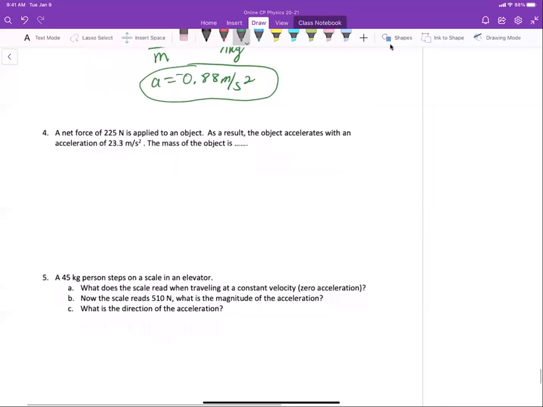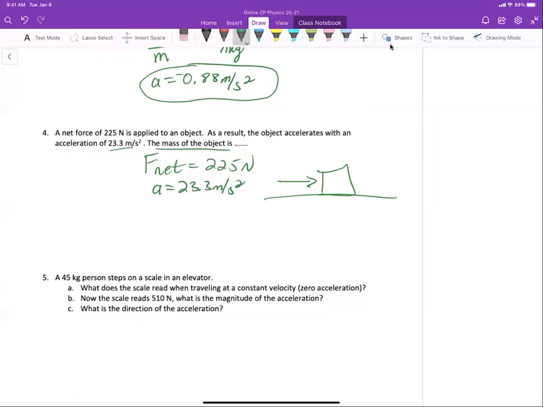All right, if I have a net force of 225 newtons and it's applied to an object, here's my object, and here's its acceleration, 23.3 meters per second squared. What's the mass of the object?